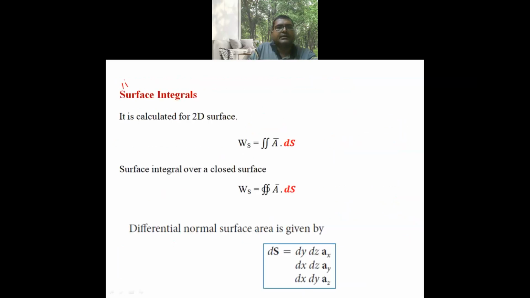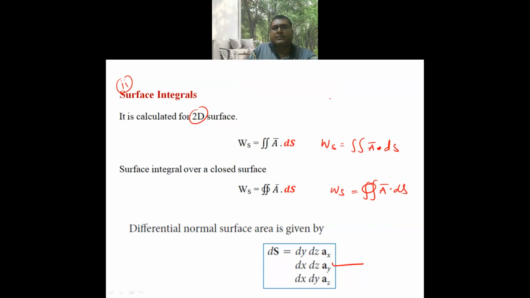The second is surface integral. It is calculated for a 2D surface. The surface integral of a vector field is given by the double integral of a bar dot ds. ds is the differential normal surface, and for a closed surface, the surface integral can be calculated as the closed surface integral of vector a bar dot ds.